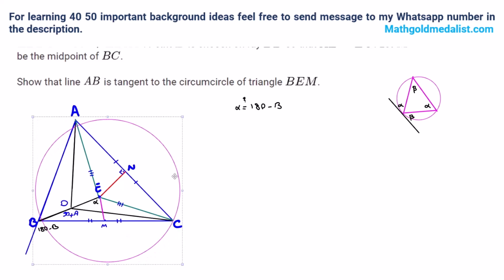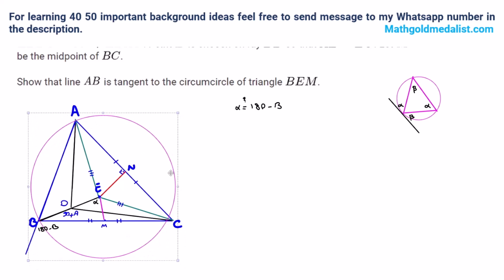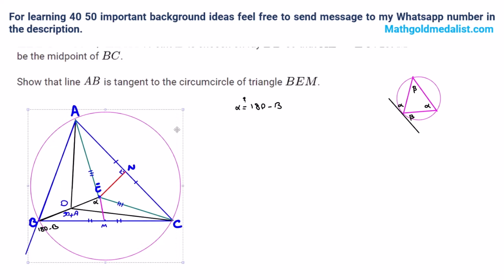Like in a functional equation, if we think something can be useful, we should apply it. At the end, for example, we apply 10 things, 6 of them are useful. So if we draw this, let's see what happens. We should prove alpha is equal to 180 minus B. If we prove this, the problem will be solved.